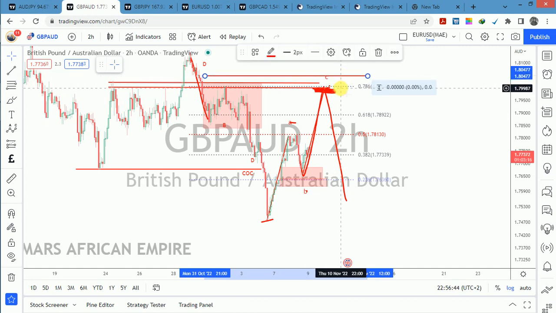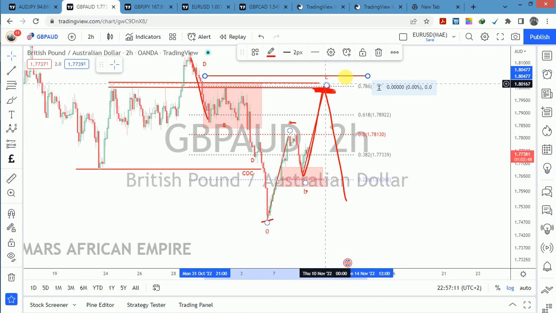So I was saying an entry with 1.799. Let me see, 1.79, 1.80. 1.80, we might miss it. So let's go for 1.799, and then stop loss just 1.803, just above the QML.